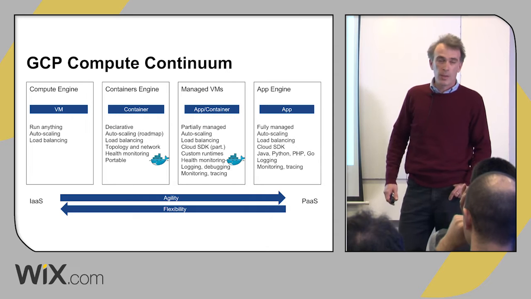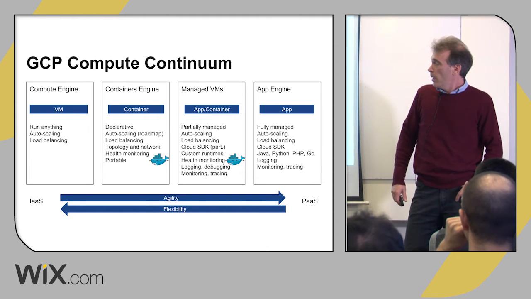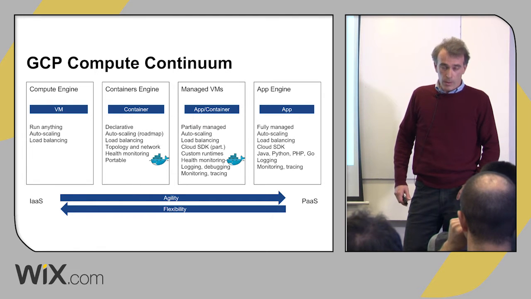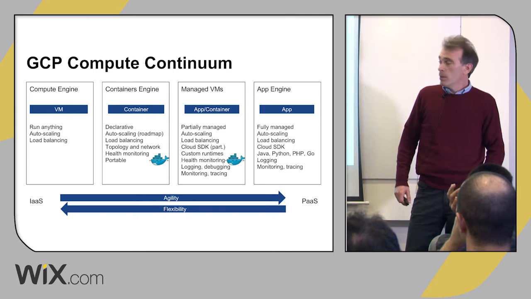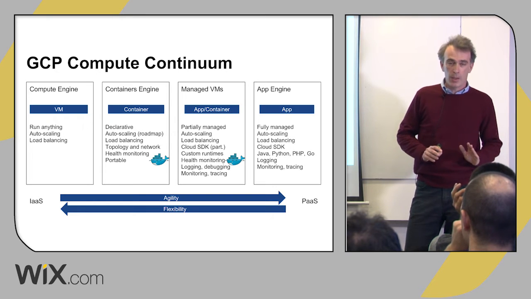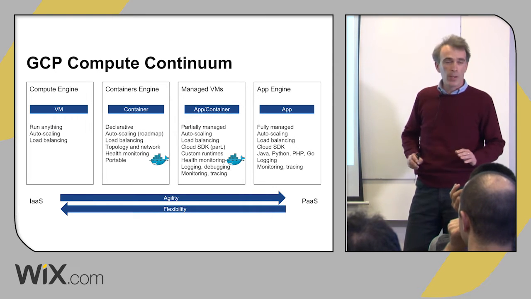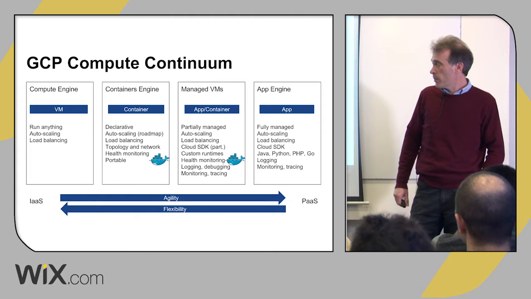Compute Engine is very similar to Amazon. Compute Engine represents infrastructure as a service, and App Engine is a platform as a service. What is the difference between them?